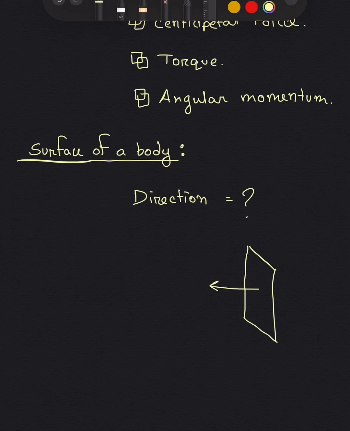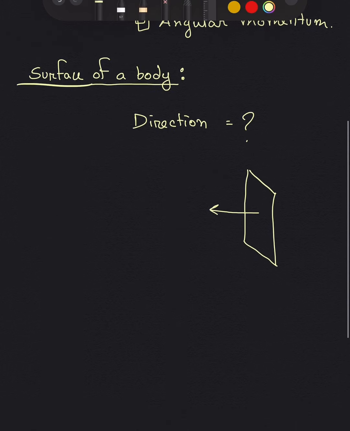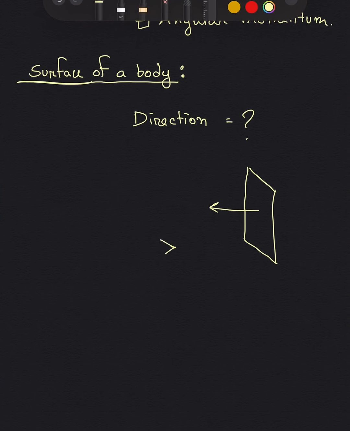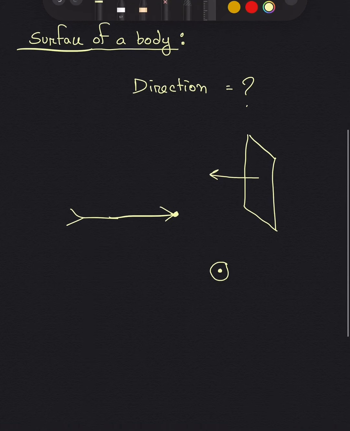Now, how do we denote this direction? See the structure of an arrow. This is an arrow. It has feathers on the back side. If the arrowhead is coming towards you, what will you see? You will see the frontal peak point of the arrow. Now if the arrow is going towards the screen from you, you will see the back part, like a cross.